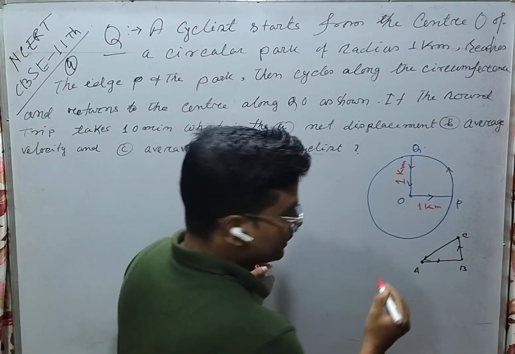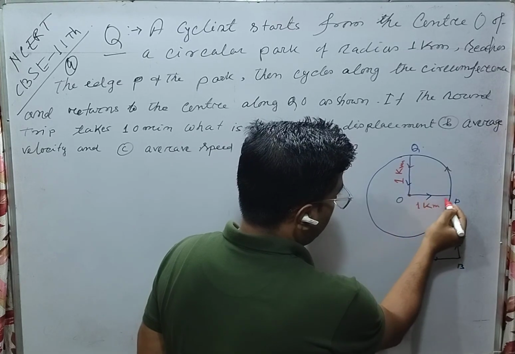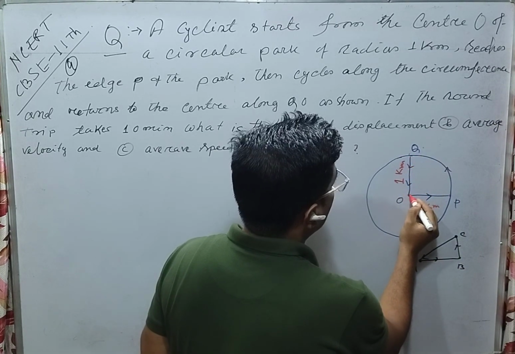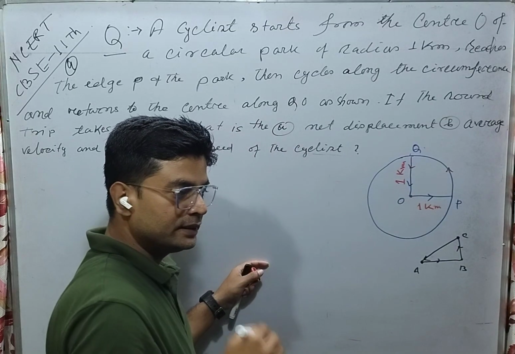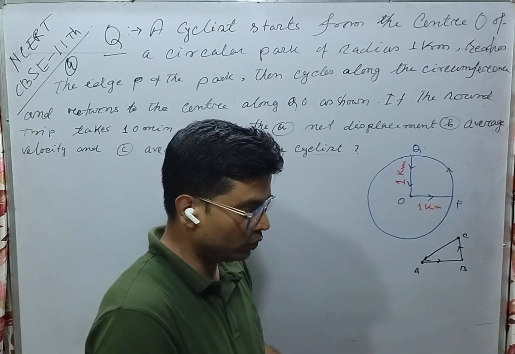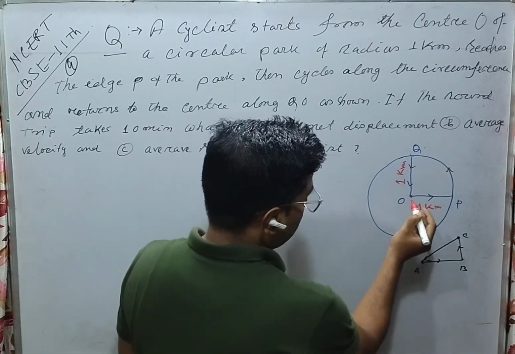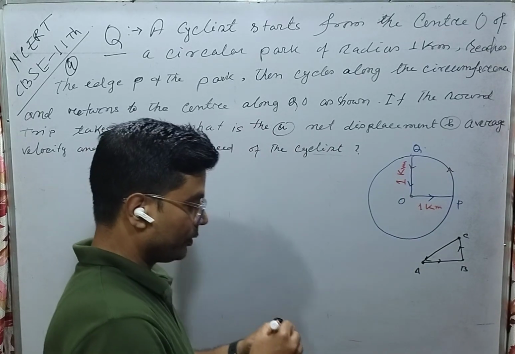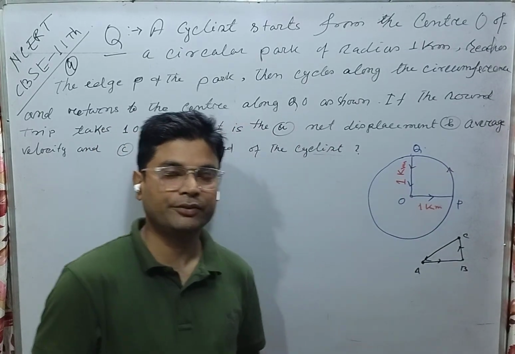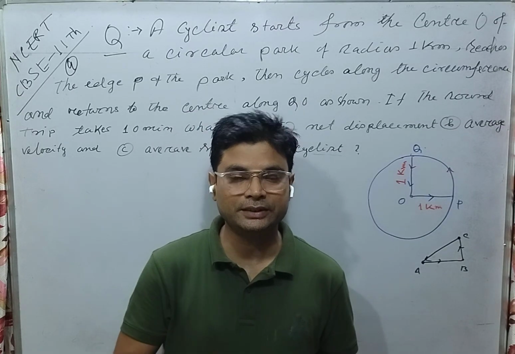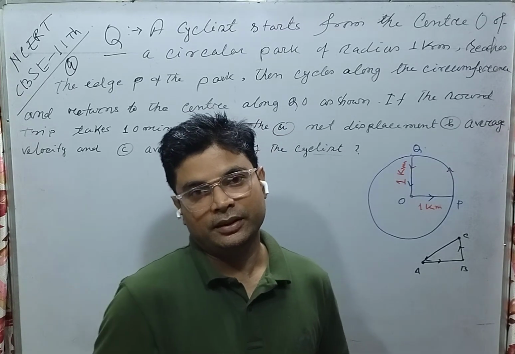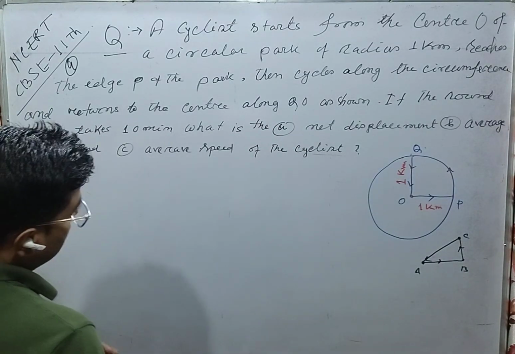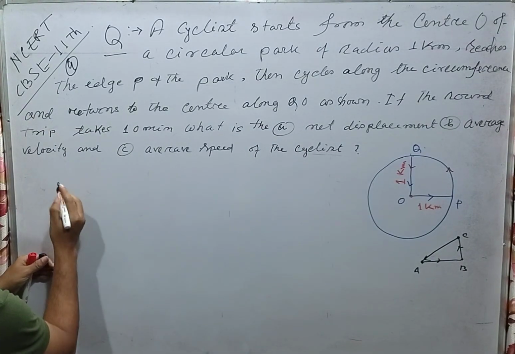See, the cyclist starts from O and covers OP, PQ, QO. It means his net displacement is 0, because he started his journey from O and ended with O. His initial position and final position of the journey remain the same. Therefore, net displacement of the cyclist is 0. First question is solved.